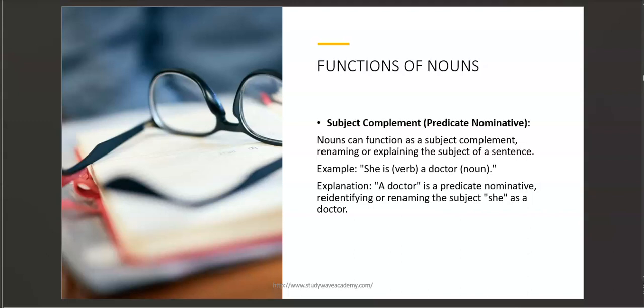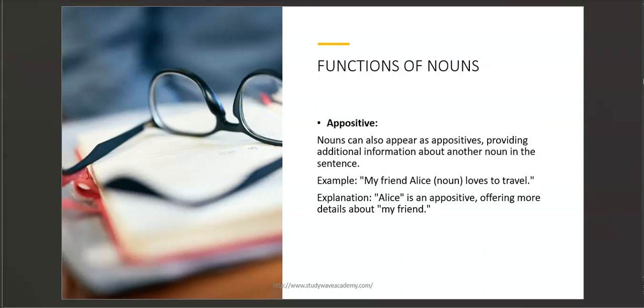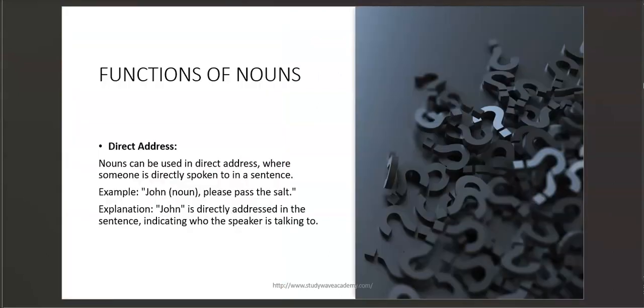Now let's continue and look at the next function. There are very many functions, and I want us to look at as many as we can, because I want us to understand and be the best grade 7 class to easily identify these nouns in any situation.